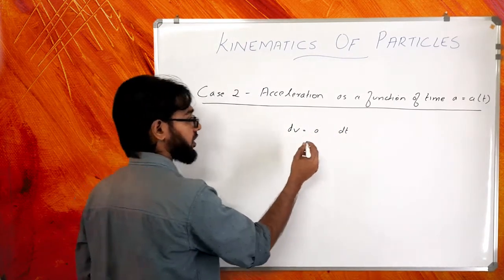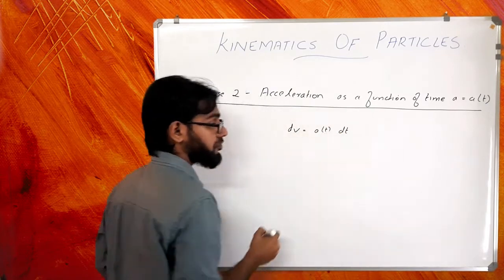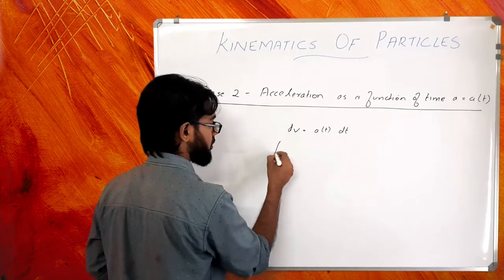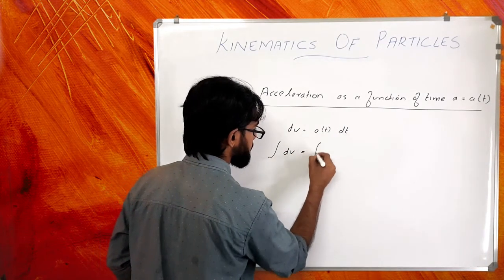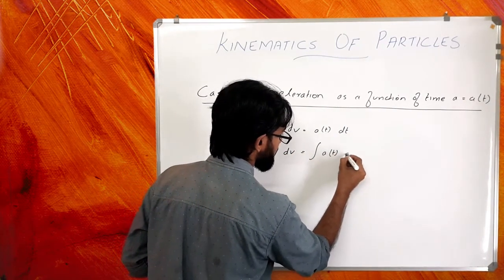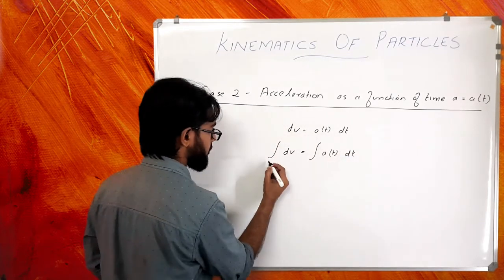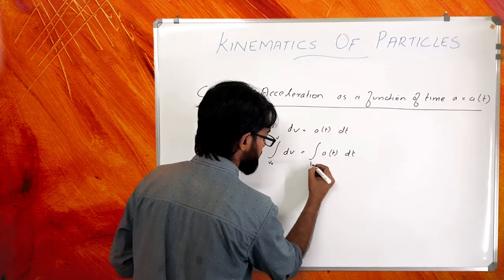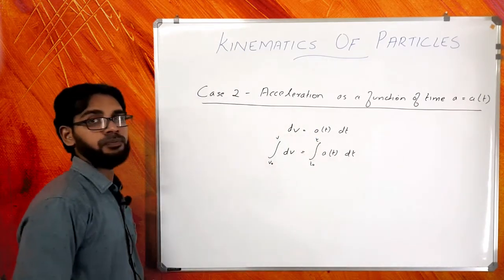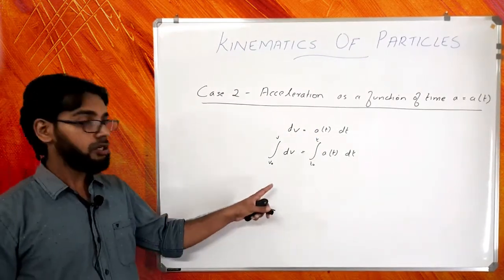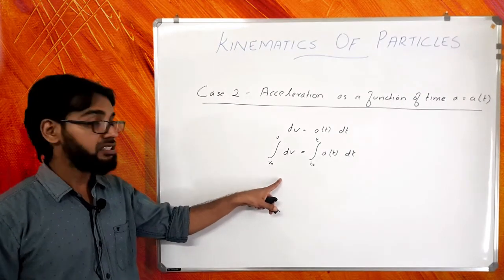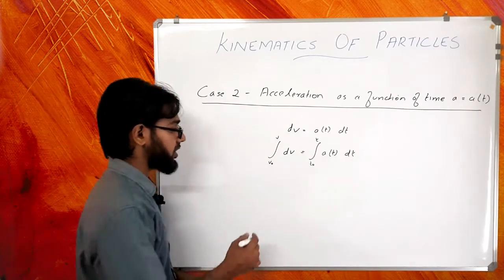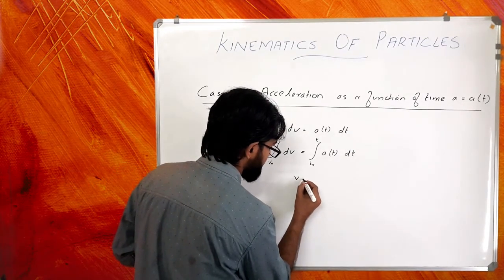Since a is a function of time, I can write it as a of t. Now, if I integrate the corresponding value, the velocity from v0 to v and integral over time t0 to t. So here what we have obtained is velocity as a function of time.